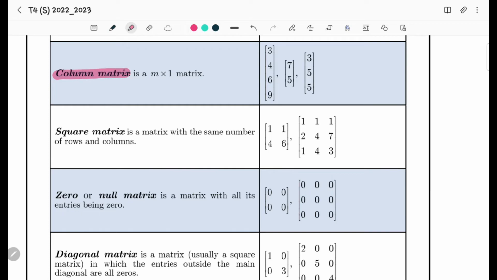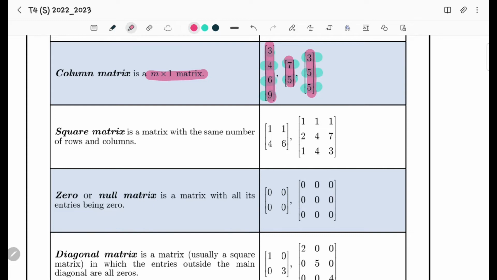A column matrix is an m by 1 matrix. So as you can see, you have different numbers of rows, 4, 2 and 3 rows, but all of these have only one column. Okay, so that's column matrix.